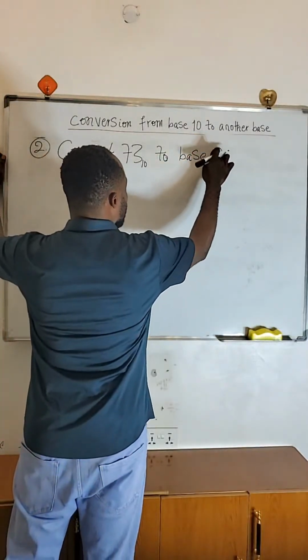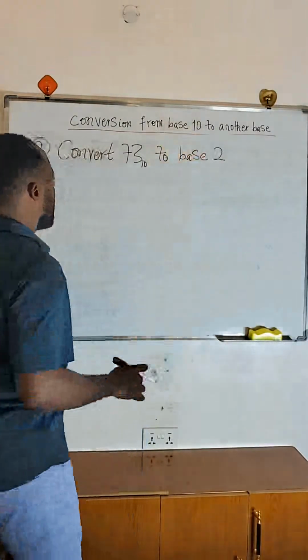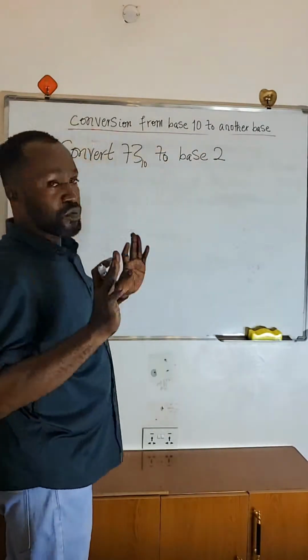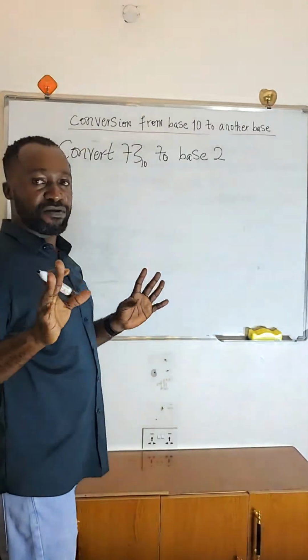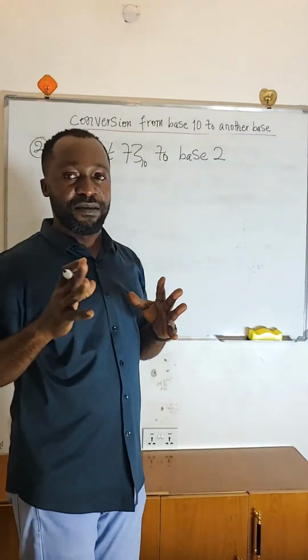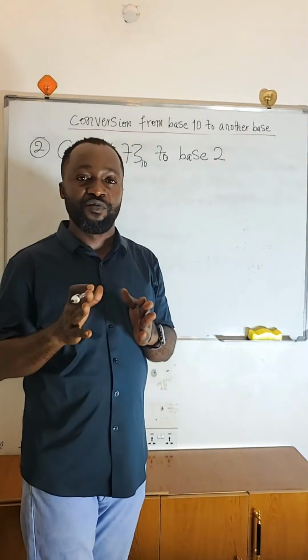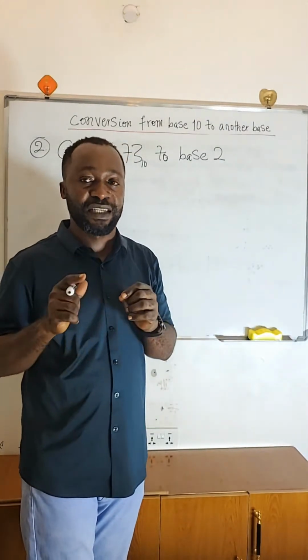Convert 73 in base 10 to base 2. So that's what we are going to do now. So that if you did not understand what we did in example 1, it will be possible that you will understand it in example 2.